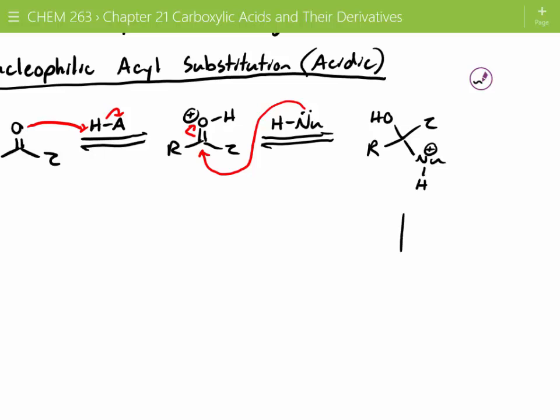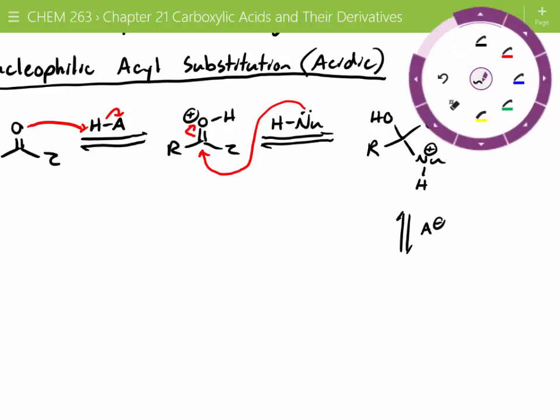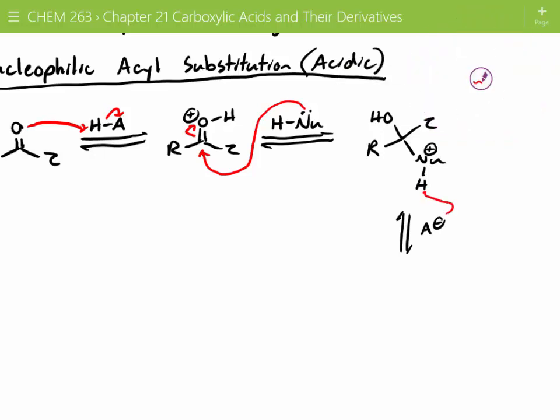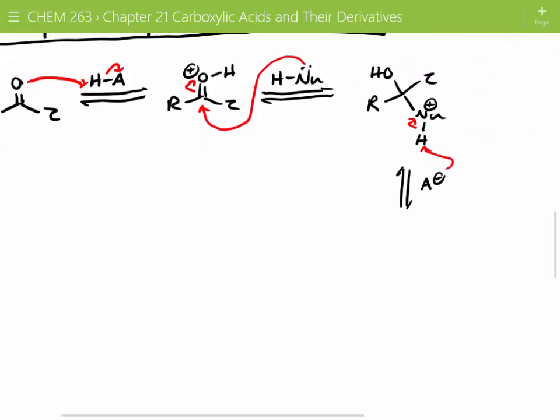Okay. We've still got our conjugate base around, which can come and grab this proton really quickly once it's added in. Would that be a negative charge? Yeah, as long as your intermediates don't have negative charges, it's okay.